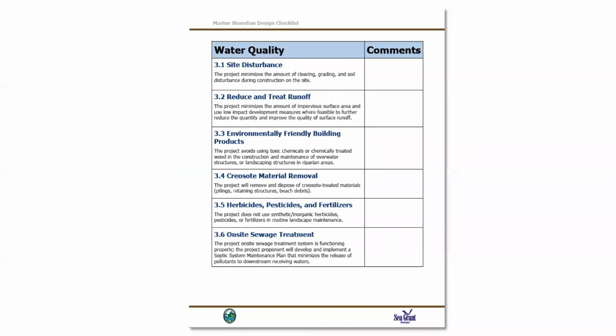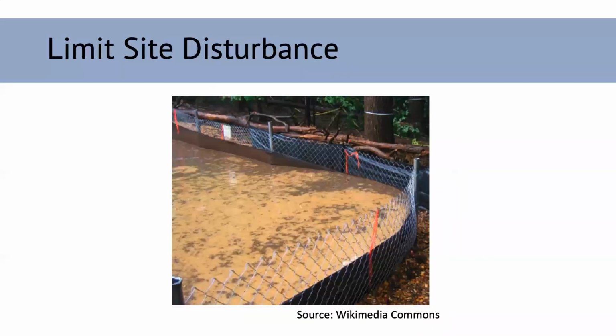The third area to consider relates to water quality issues on the site. There are a number of questions to be asked about a site when it relates to water quality. For example, when evaluating a site, has everything possible been done to minimize the amount of disturbance during construction? This can make a big difference in the amount of runoff that enters marine waters during construction.